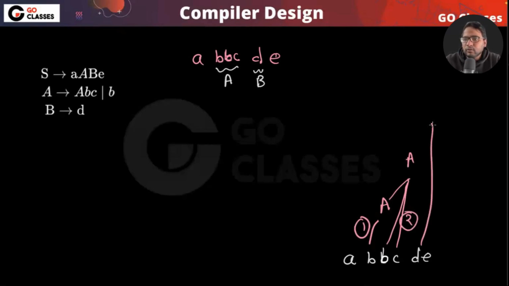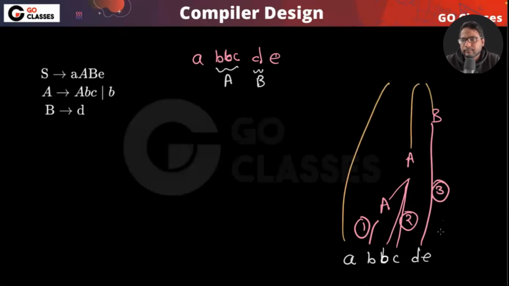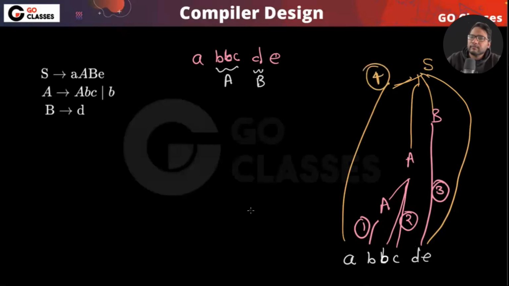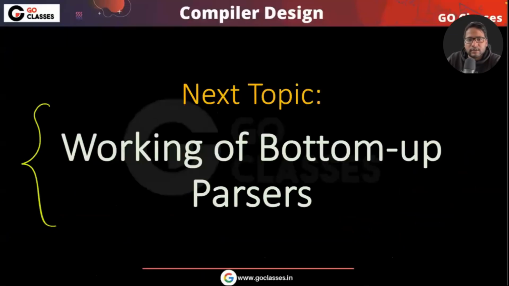Now this D to capital B, this is the third step. And then ultimately small a, capital B, and E to S. This is the fourth step. Is this okay to everyone? Now let's see what the RMD is, how RMD is working. I think we had the RMD for this string. Let me just copy that.